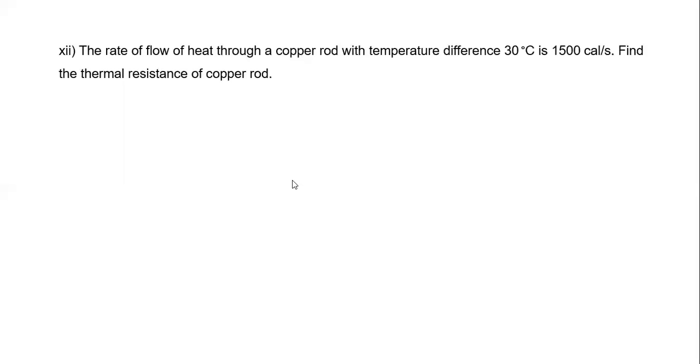Next question is question number 12. The rate of flow of heat through a copper rod with temperature difference 30 degrees Celsius is given: delta T is 30 degrees Celsius and Q is 1500 calorie per second. Calorie per second means Q by T. Find out the thermal resistance of the copper rod.